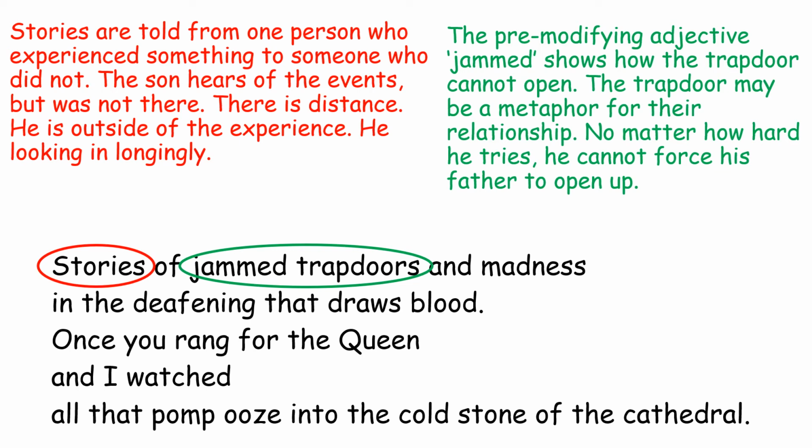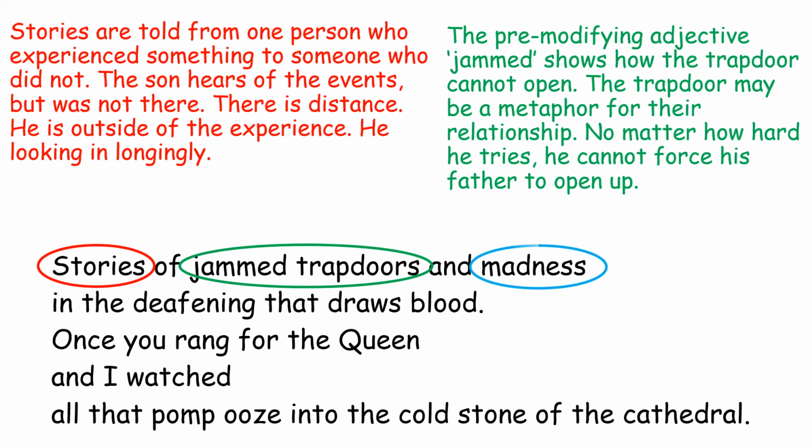However, this trapdoor could be seen as a metaphor for their relationship. And if you consider the imagery of a door that is trapped shut, we could consider that no matter how hard the son tries, he simply cannot force his father to open up, just like a jammed trapdoor cannot open. That closed imagery is worthy of consideration when we look at Emyr Humphreys' poem too.